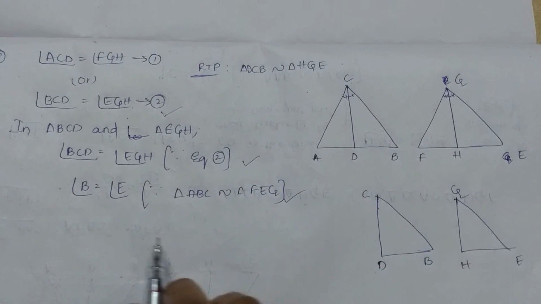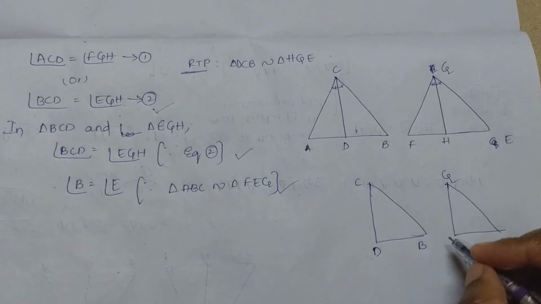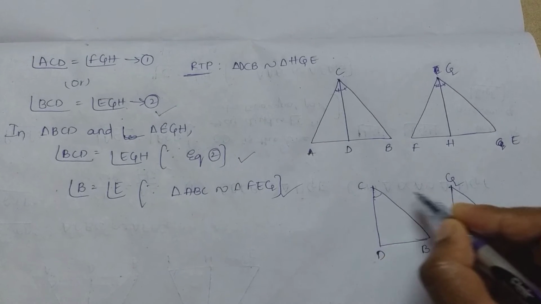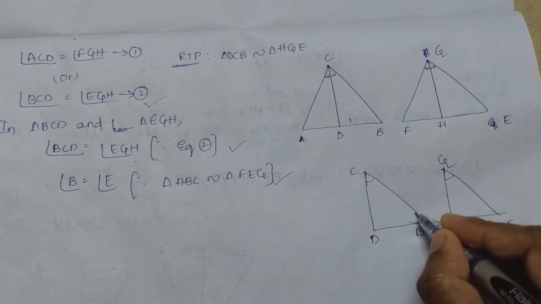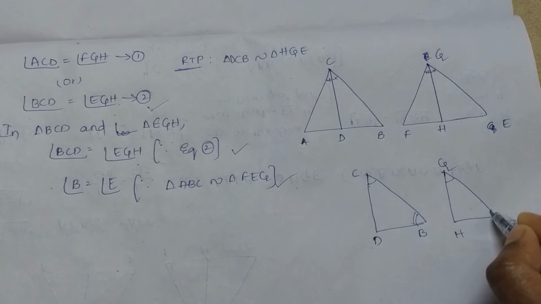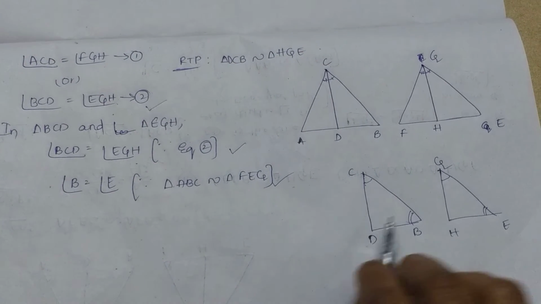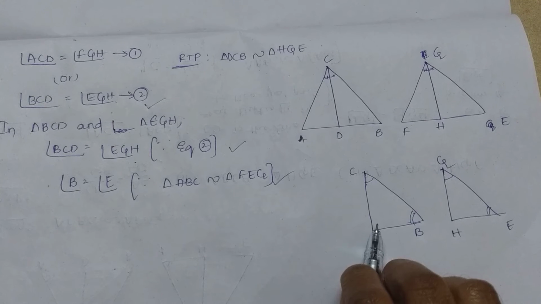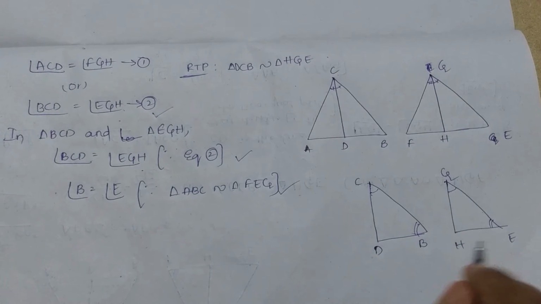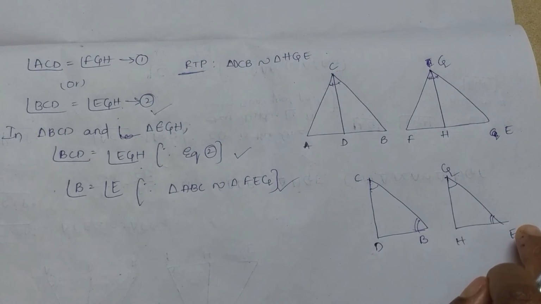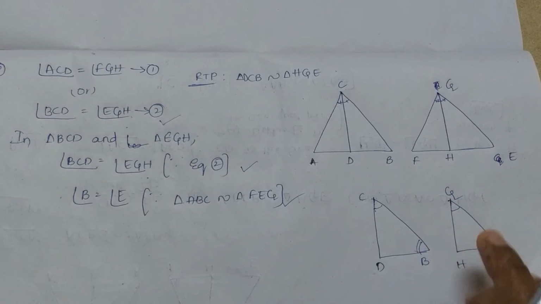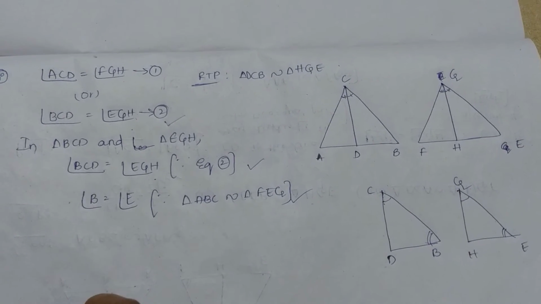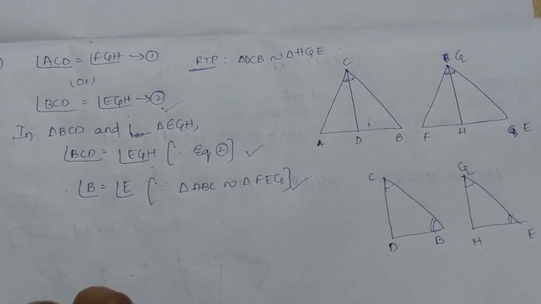Here angle BCD equals angle EGH. After that, angle B equals angle E. So if two angles of one triangle are equal to two angles of another triangle, these two triangles are similar to each other as per AA similarity criterion.